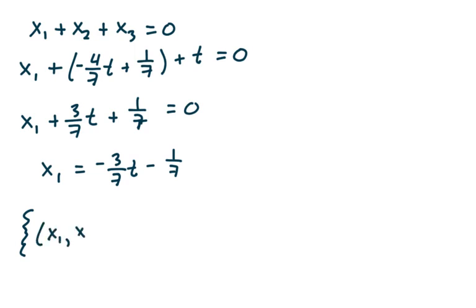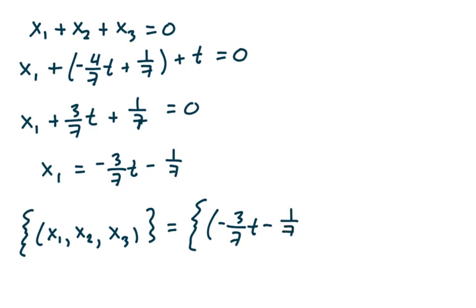So my solution, x1, x2, x3, is going to look like the following. Now, x1 is negative 3/7 t minus 1/7. x2 is negative 4/7 t plus 1/7. x3 will be t.